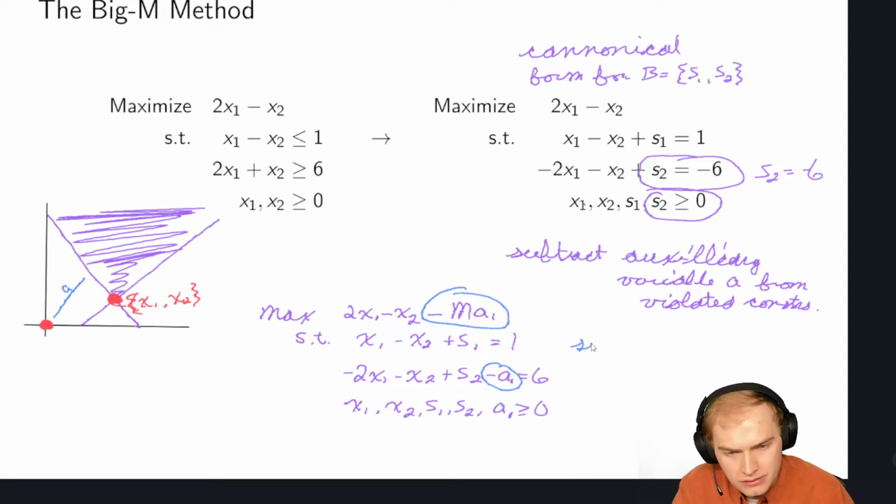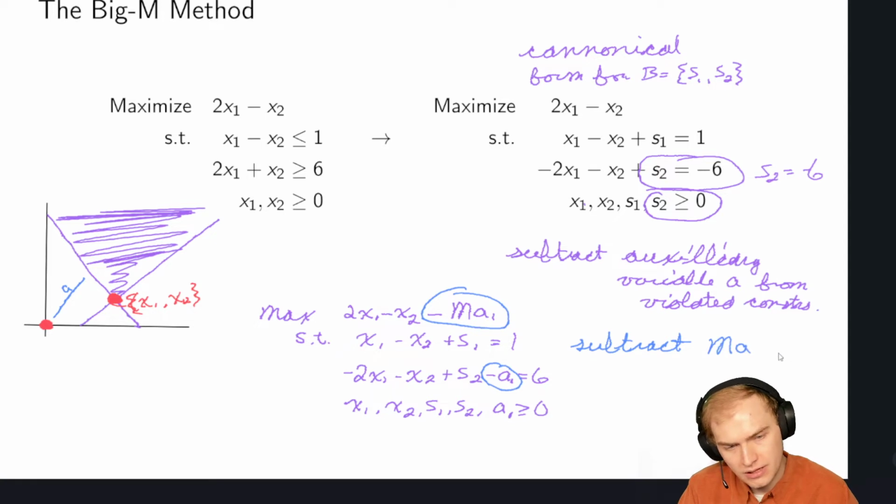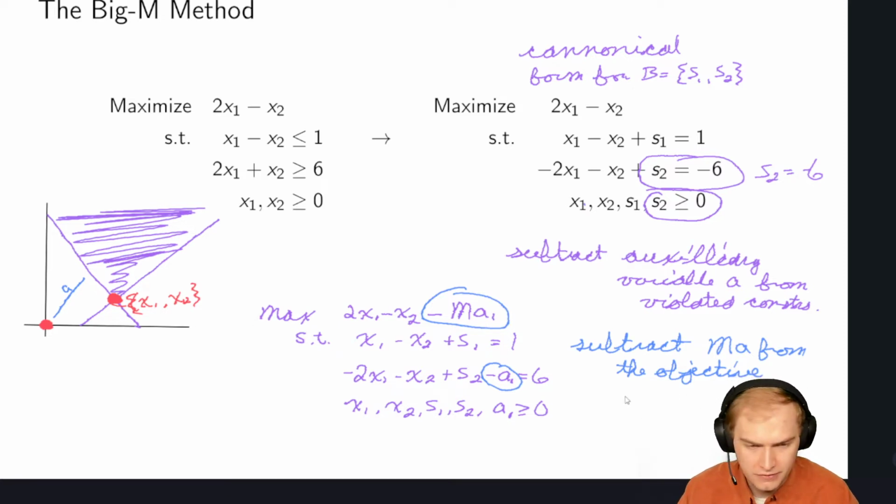Then we subtract M times A from the objective, where M is some sufficiently large number.